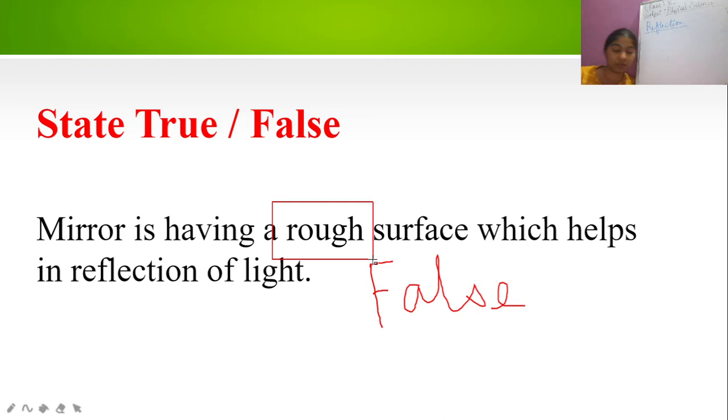So a mirror has a reflecting surface that is polished. Whenever any light strikes, it goes back, so incident and reflected rays work that way. So it should be polished, not rough.